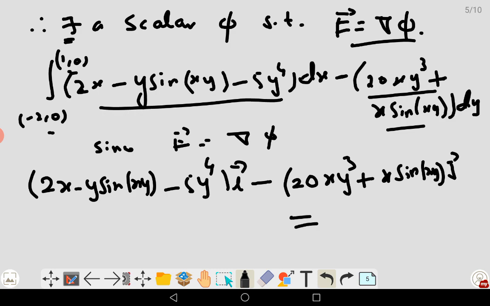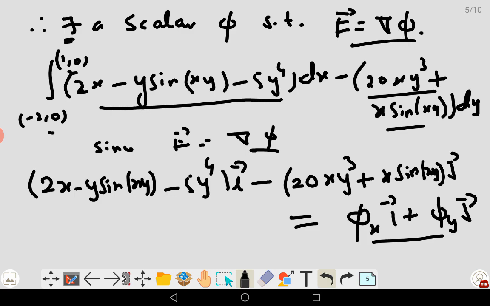This is F, which is equal to phi x i plus phi y j. This is the meaning of del phi, the gradient, isn't it? Now we know that phi x is this term, phi y is this term. That's what we are going to write.